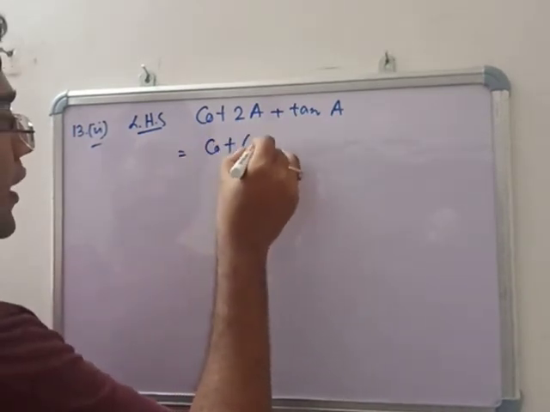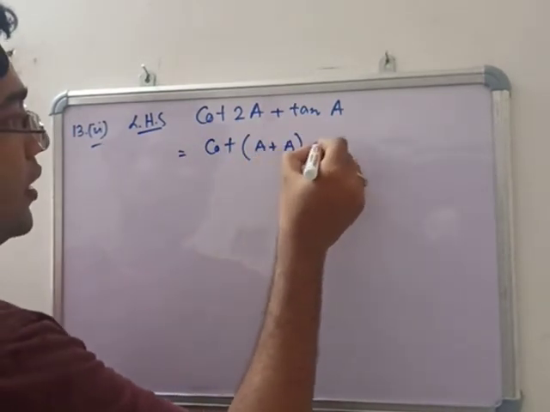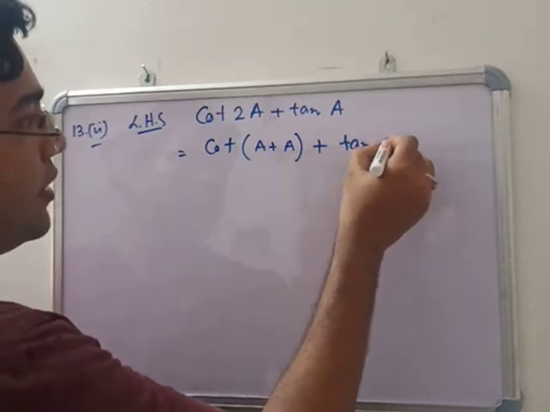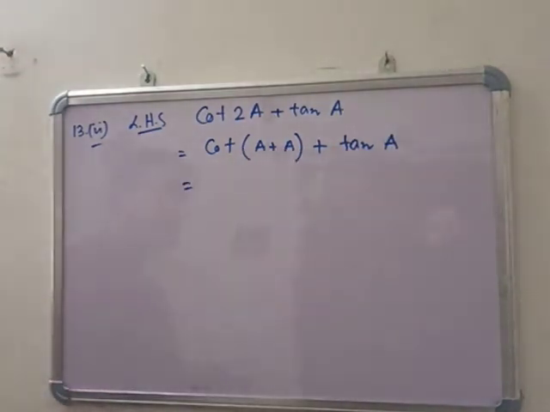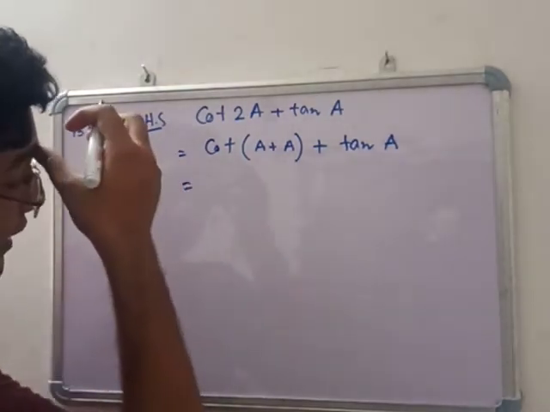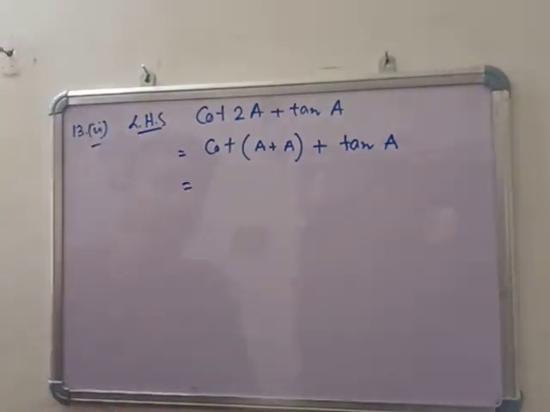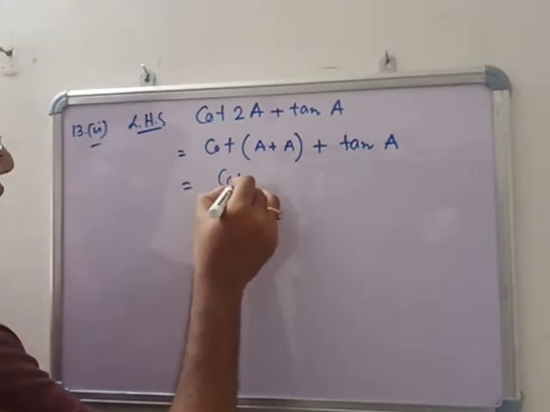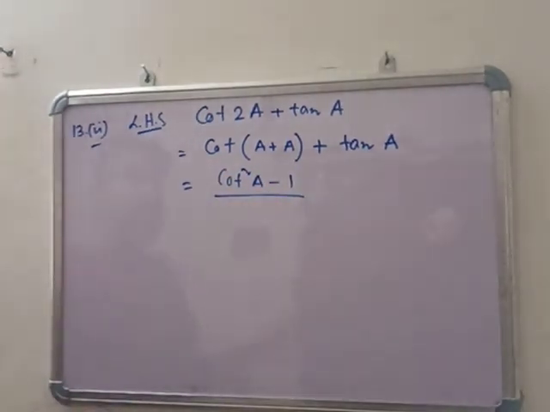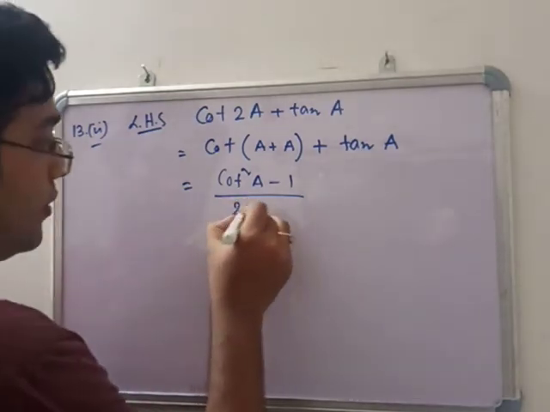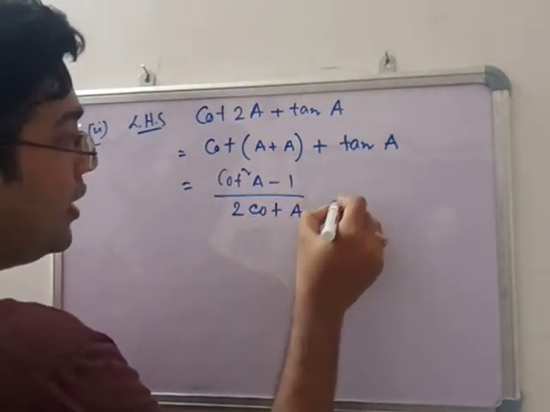So cot(A plus A) plus tan A. So this is the A plus B formula. So that means we can write cot A into cot A minus 1 by cot A plus cot A. That means cot square A minus 1 by 2 cot A plus tan A.